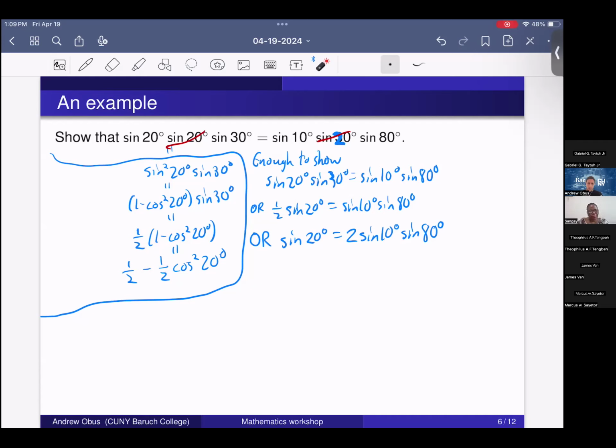The square only affects the one on the right-hand side. So should I erase this last line here? No, keep that there.